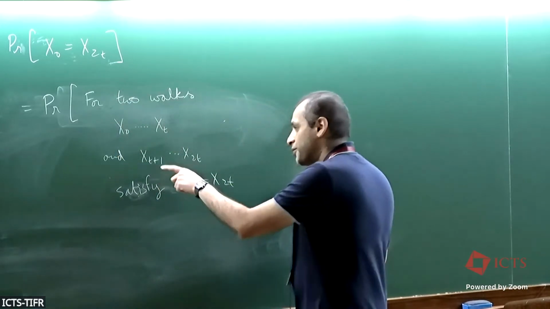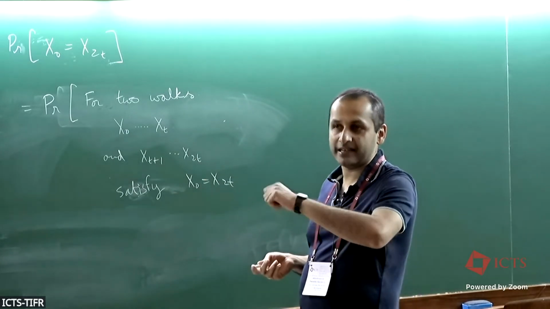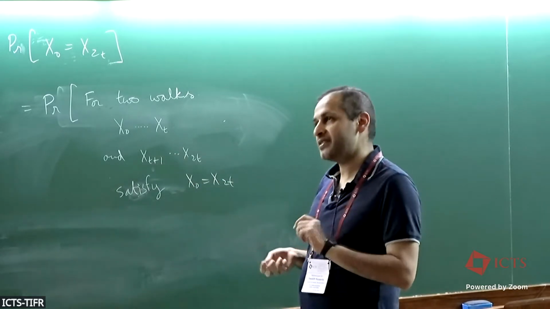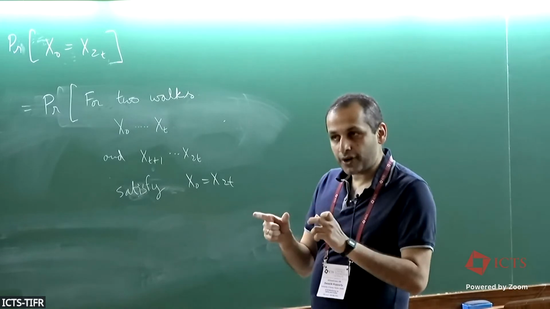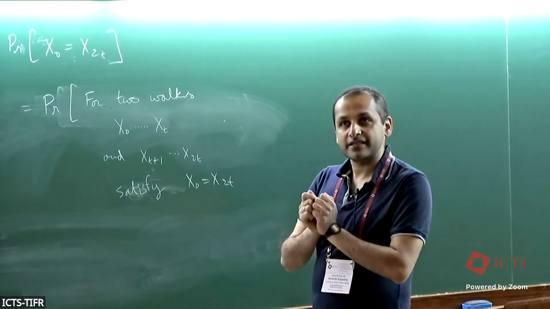And so now I want to notice that for xt plus 1 up to x2t, you could have also done start at x2t and walk until you hit some vertex. So it's the same as 2 different random walks starting and ending at the same vertex.